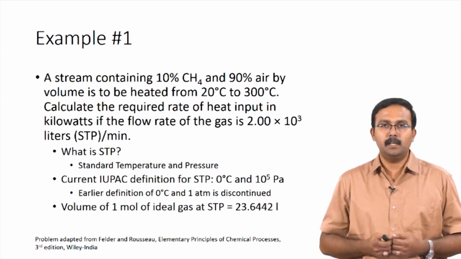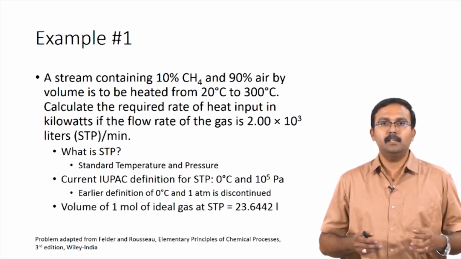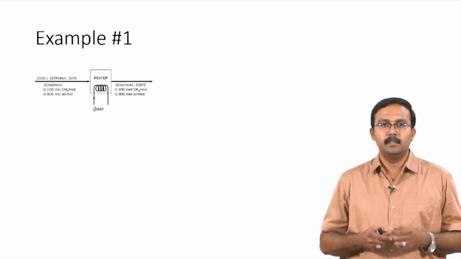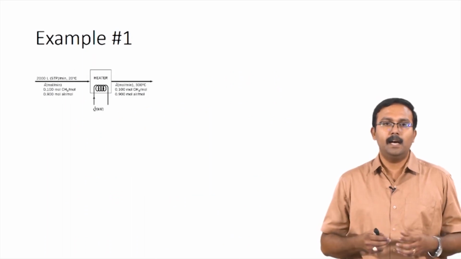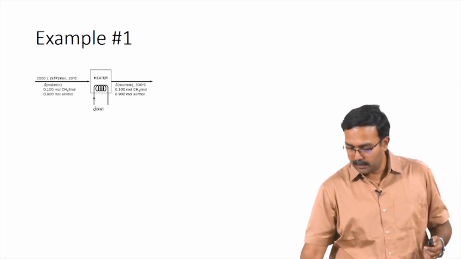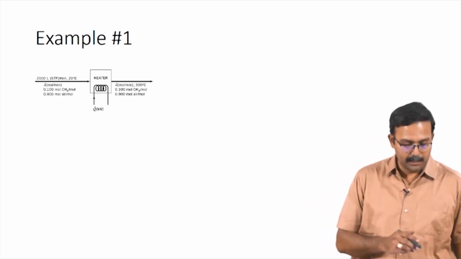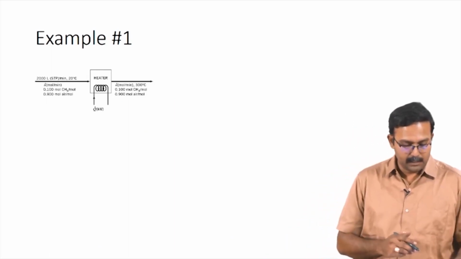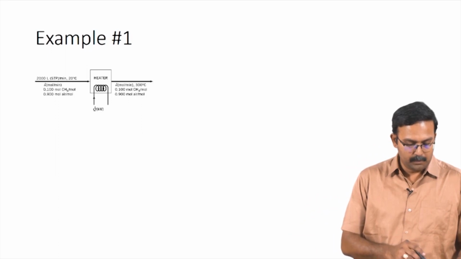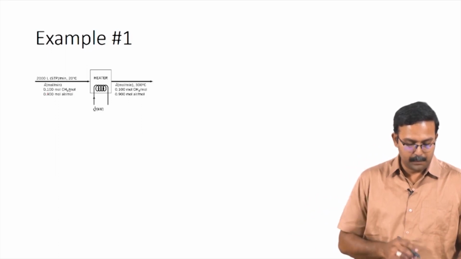With that fundamental covered, let us continue with solving the energy balance. This is the system. We have 2000 liters of the mixture coming in at 20 degrees Celsius with 10% methane and 90% air.